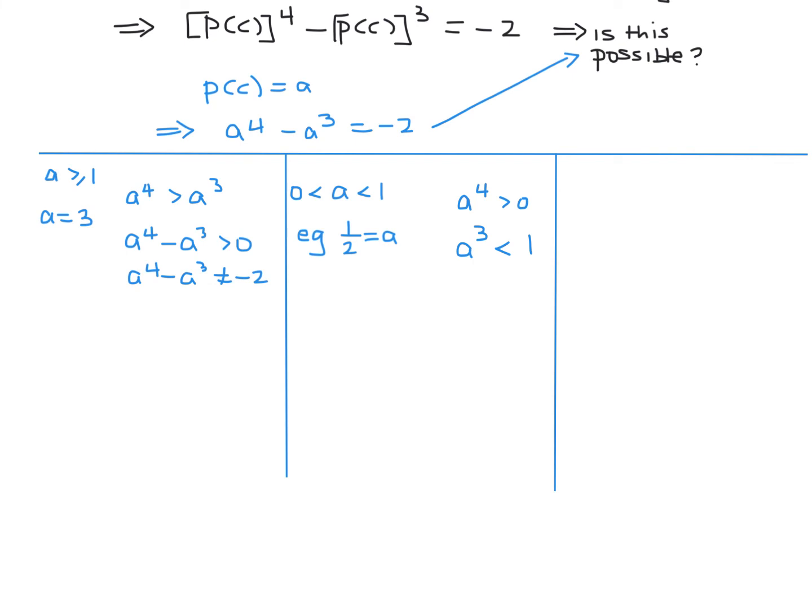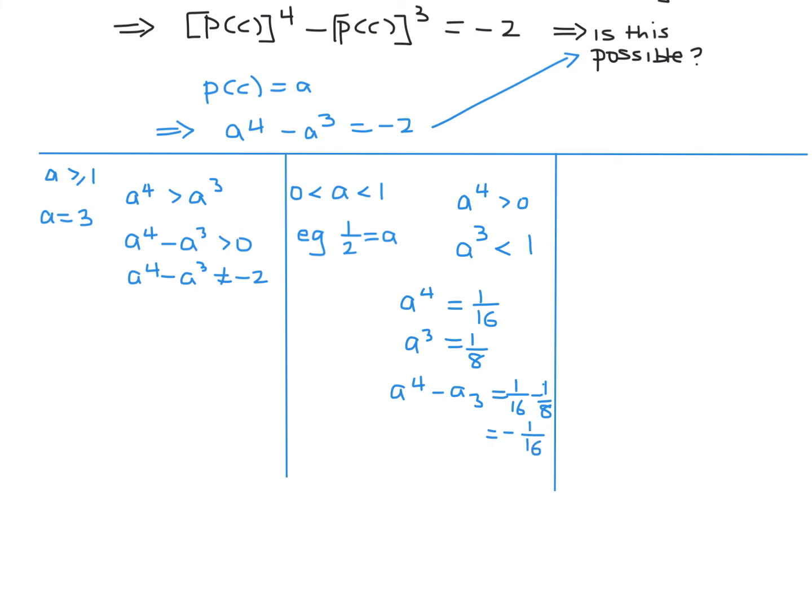So that means that a to the power of 4, let's just use our example, 1 over 16. A to the power of 3 is 1 over 8. So a to the power of 4 minus a to the power of 3, in our example, is 1 over 16 minus 1 over 8, which, if we do this, would be minus 1 over 16.